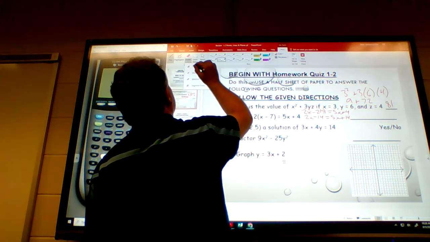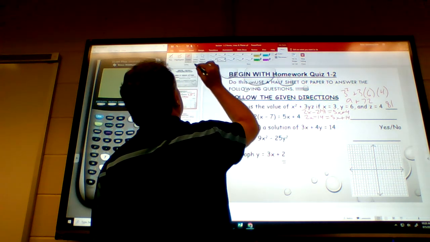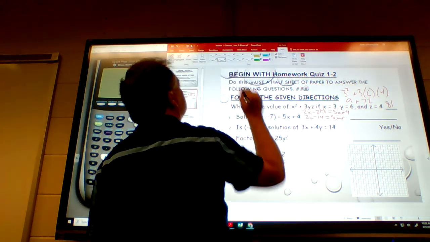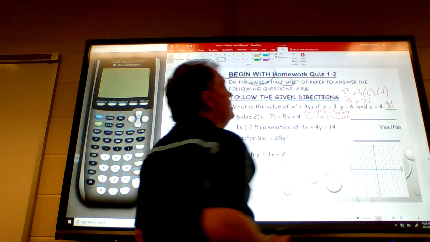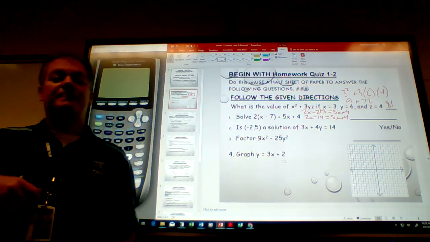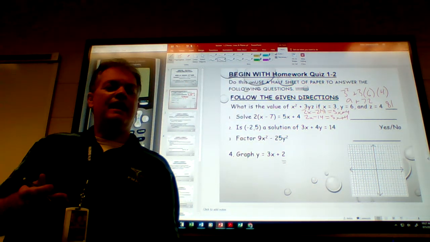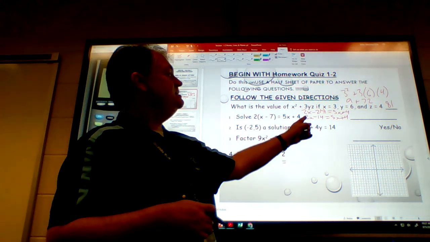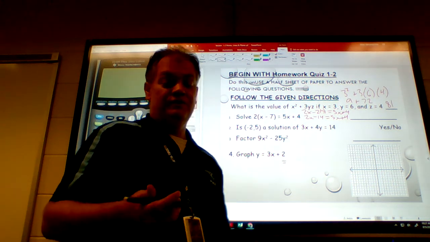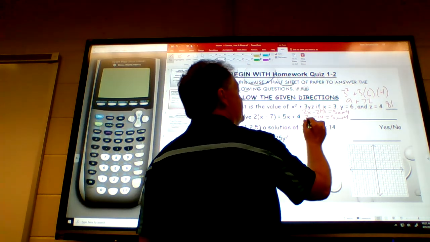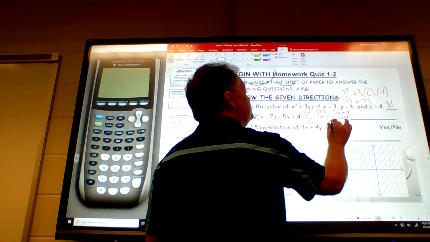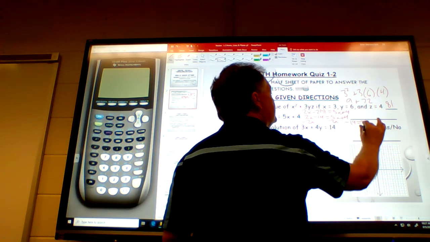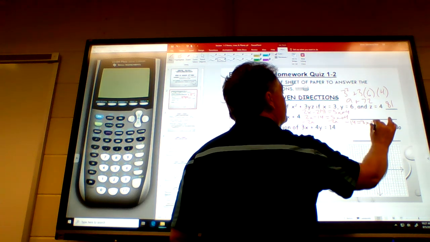Let me fix that real quick. Now, I don't know how you learned it in algebra, but years ago when I taught algebra, I always suggested to the kids: find the smallest variable and get rid of that first. So we'll get rid of the 2x. Minus 2x, minus 2x. So that's going to be negative 14 equals 3x plus 4.